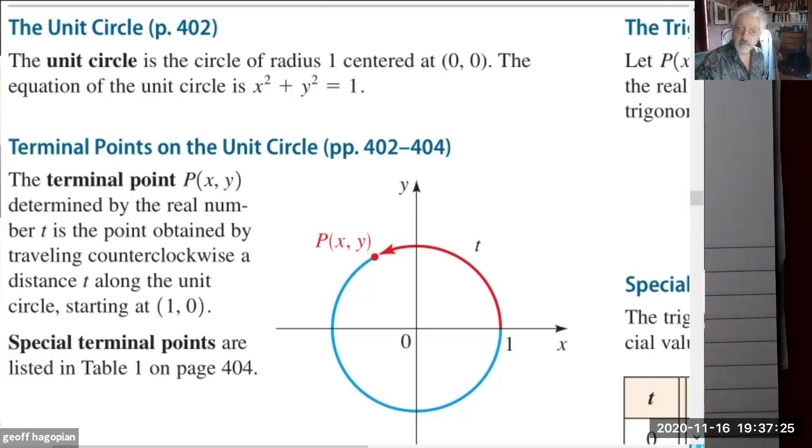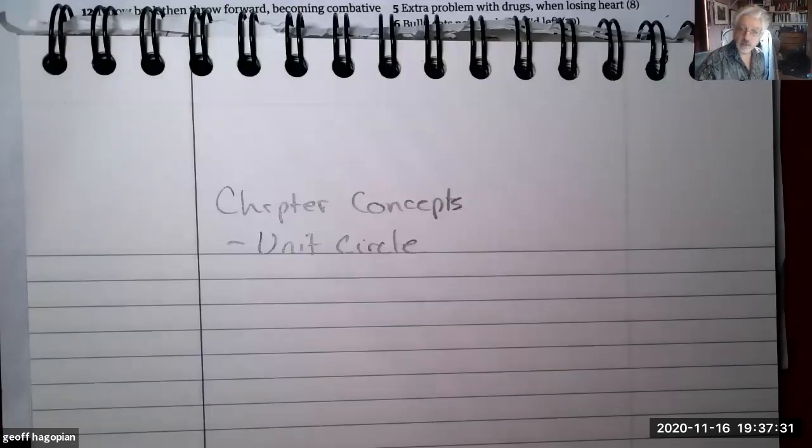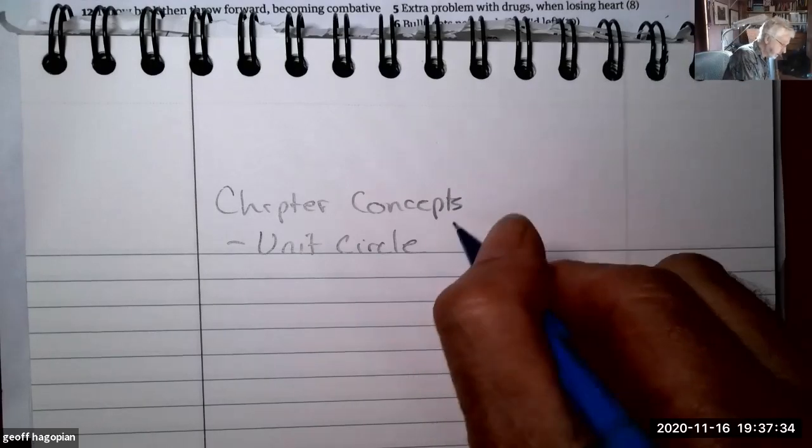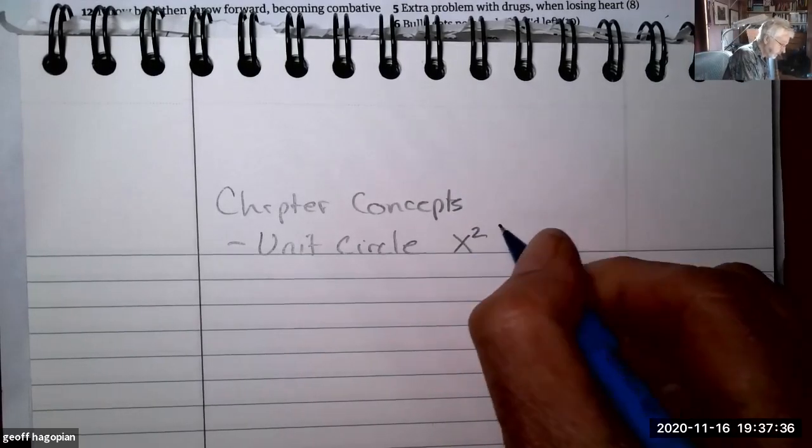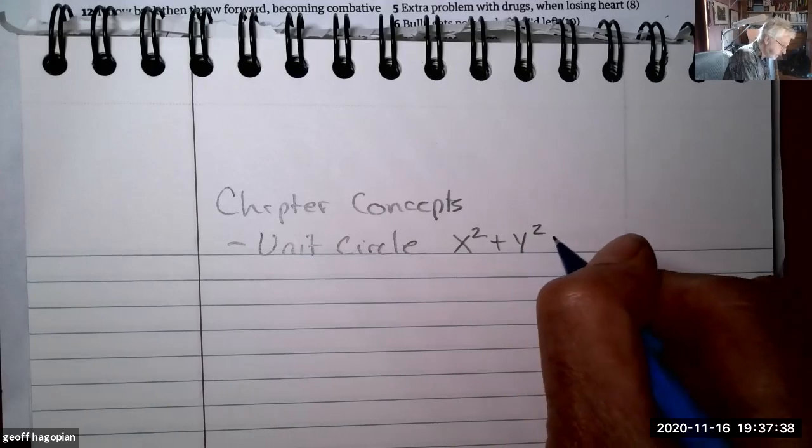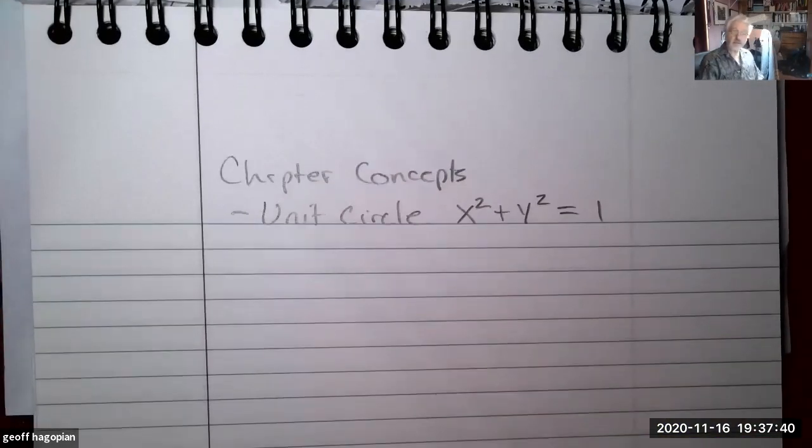Let me write these out, and I'll just read from the book. You can also refer to the book. The unit circle is the solution to the equation x squared plus y squared equals 1. That is, the distance from a point on the circle to the origin is 1 unit, right?